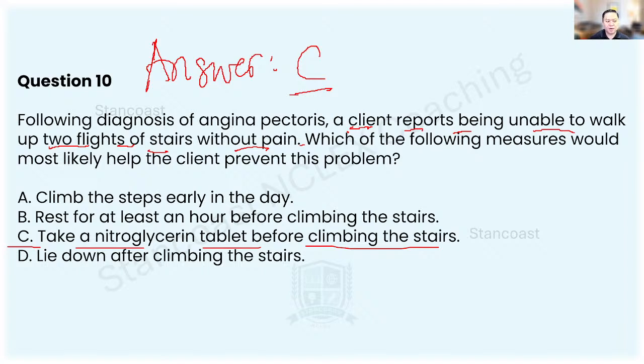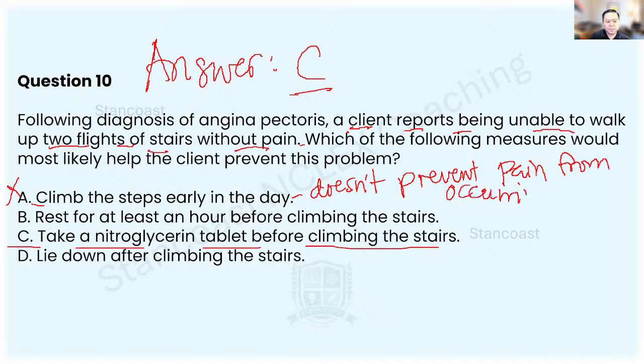If you let them do letter A, climb the steps early in the day, no, it doesn't prevent pain from occurring, because it can happen anytime during the day, right? So it doesn't matter if it's early. You have to get them to take their medication first before they engage with that strenuous activity.